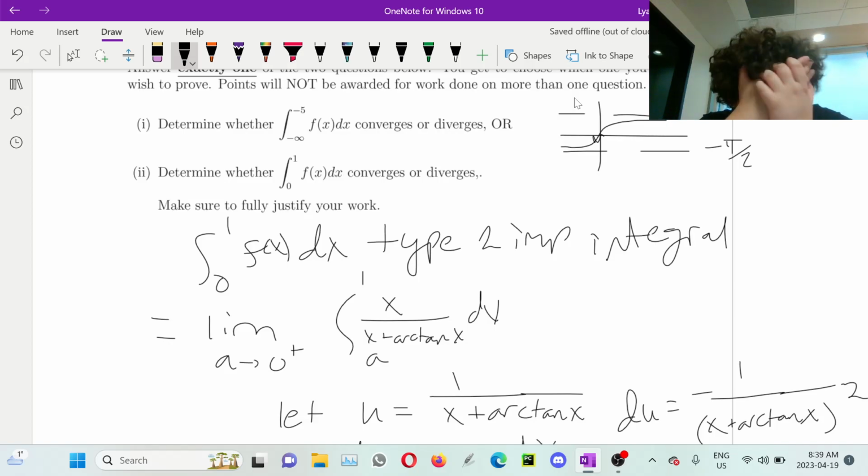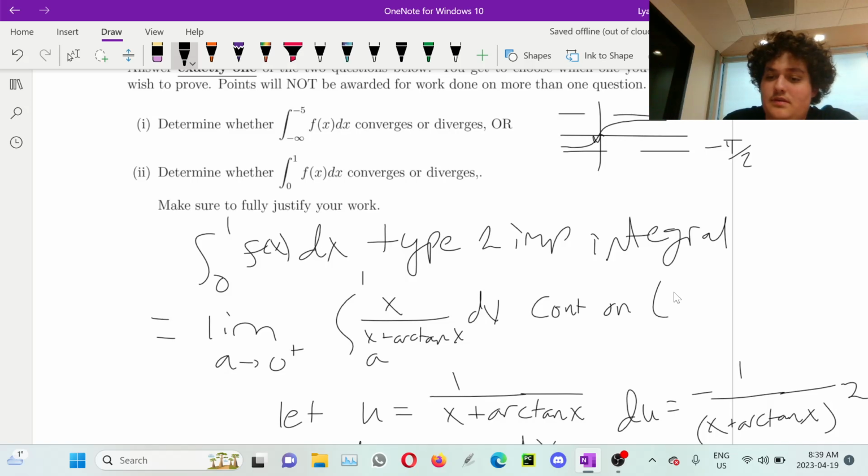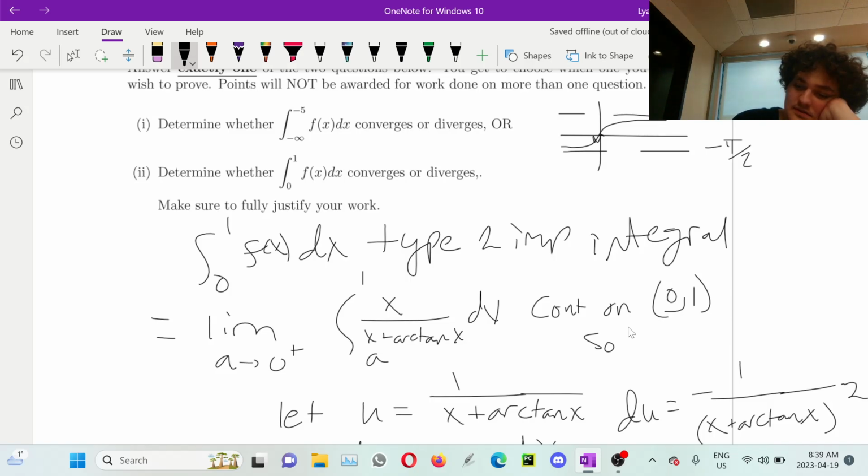I mean, for it to diverge, it would need to have like an asymptote, right? Which it doesn't. Maybe you could just say that this is, yeah. You mean, we could just say that this is continuous on 0 to 1, right?